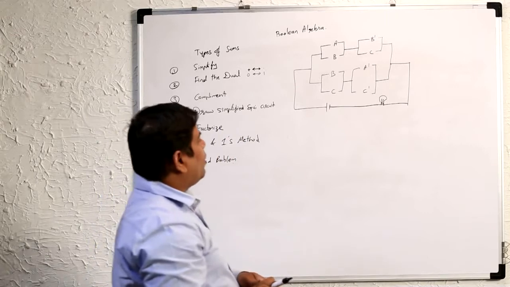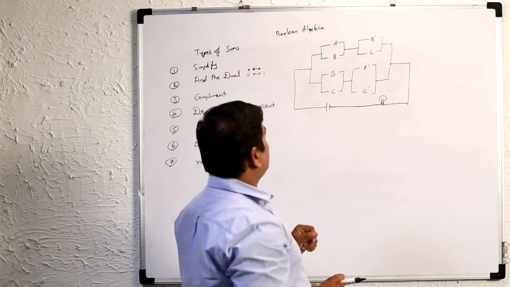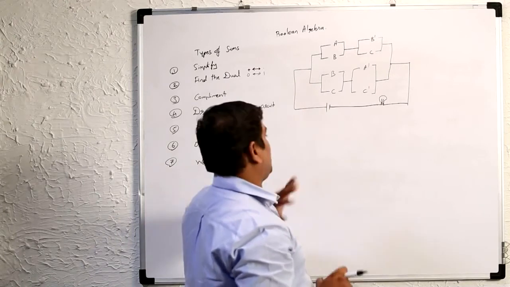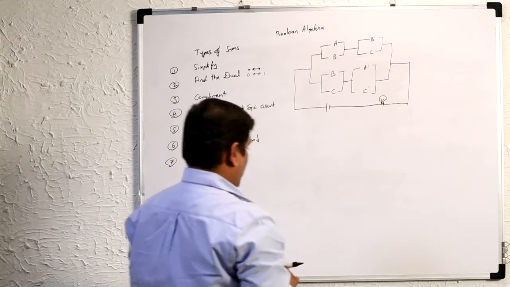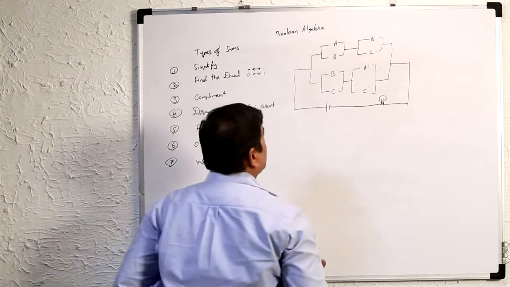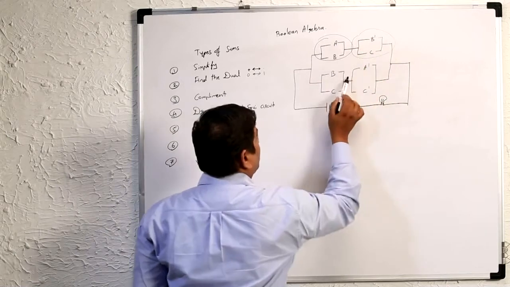So first of all, what we have to do is understand what this circuit means in terms of expression. So the first job is to convert this into an expression. First of all, cover them up.